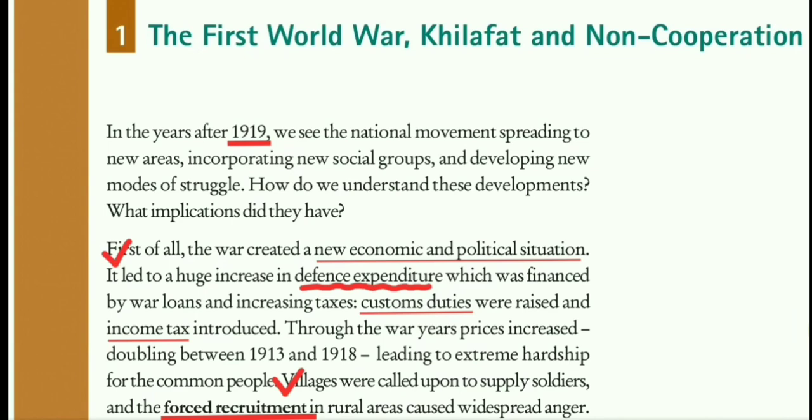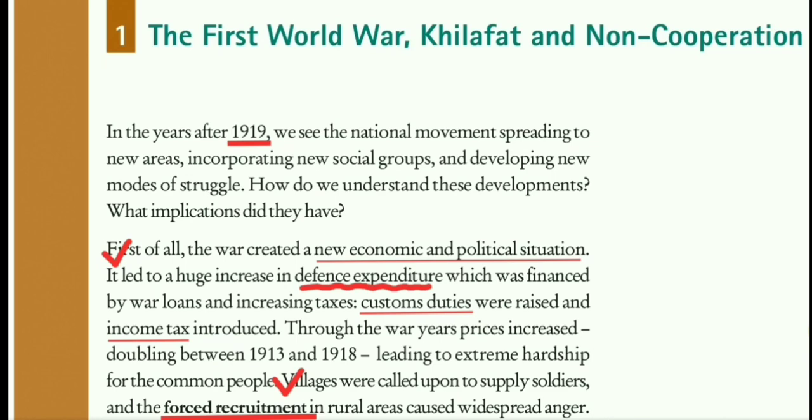The farmers, the villagers, we were paying taxes, and now further custom duties were also imposed. Those Indians who were importing goods from other countries, or even exporting goods to other countries, were heavily taxed.